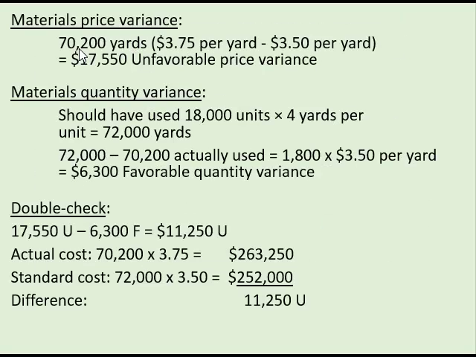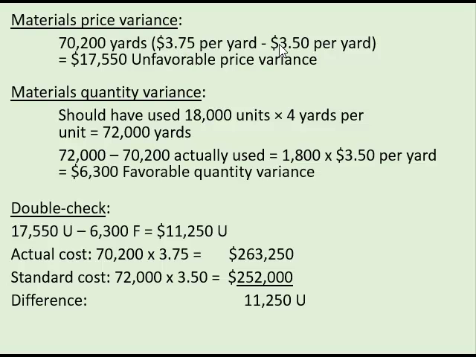So the price variance, we need to figure out the difference in price, meaning the difference between what our standard was, $3.50 per yard, and what we actually paid, $3.75 per yard.